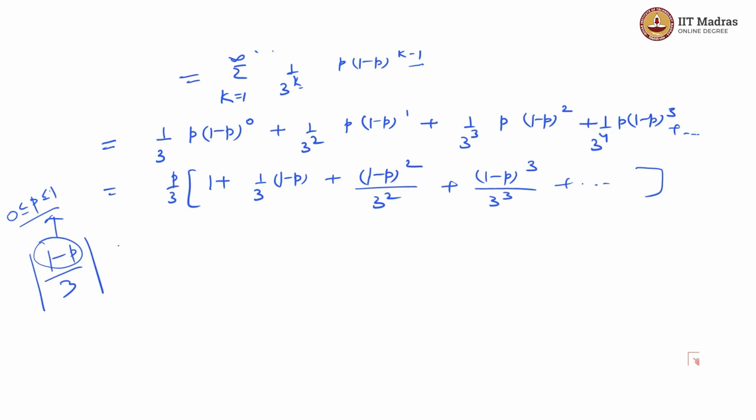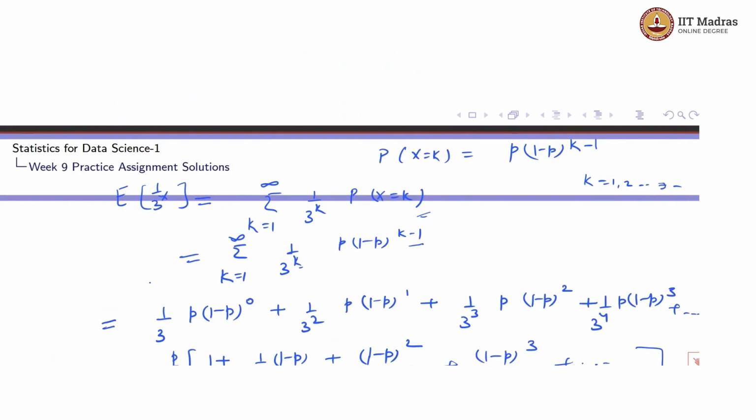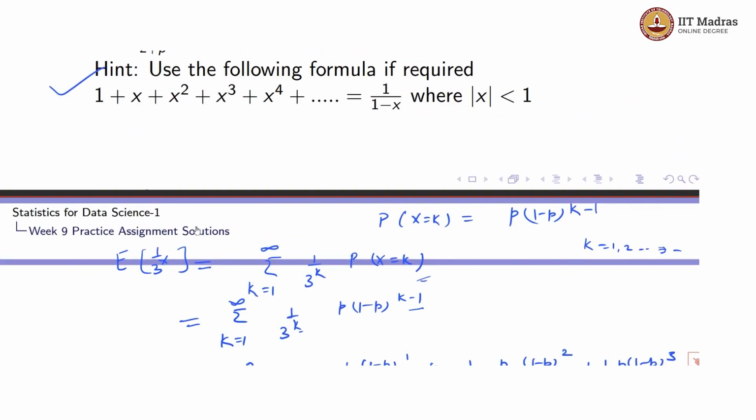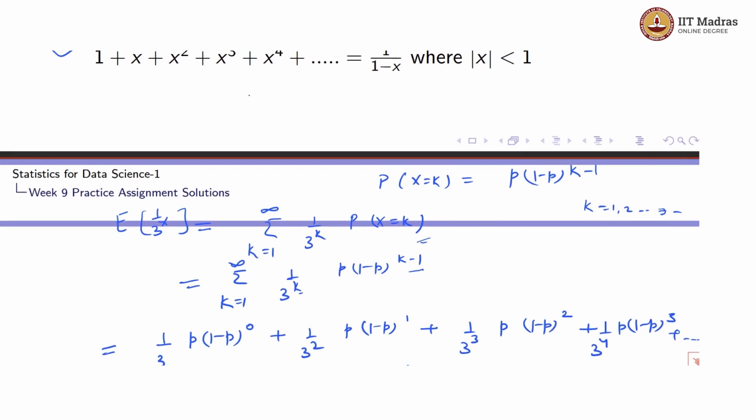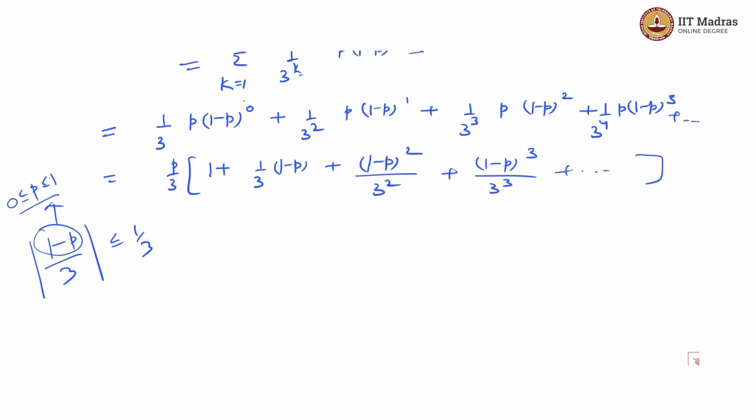Here we are getting something similar to our hint: for mod x less than 1, 1 plus x plus x squared and so on equals 1 upon 1 minus x. We can treat (1 - p) by 3 as one variable x, so the next term is x squared. Now we can use that formula.